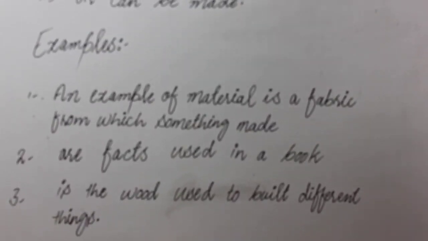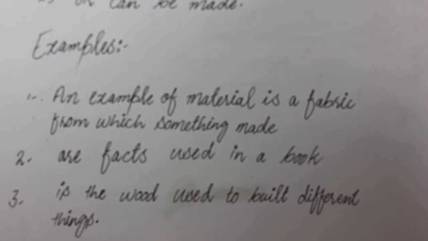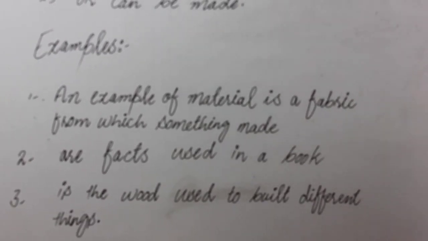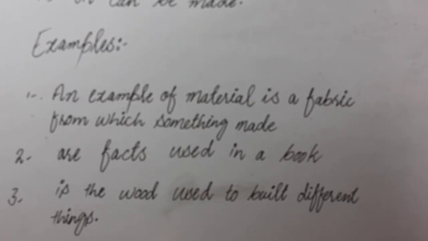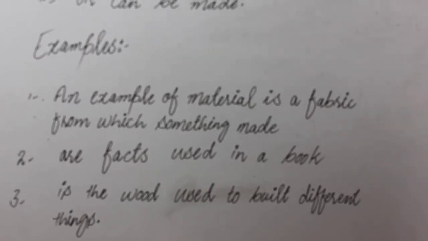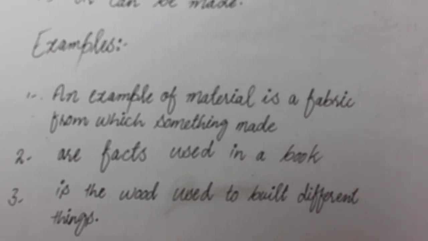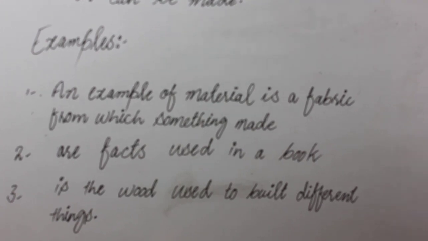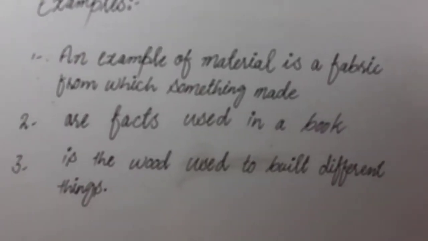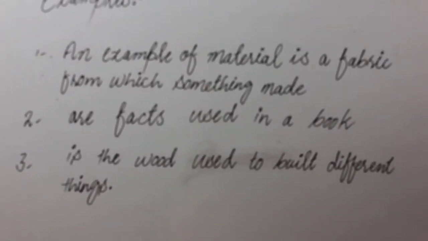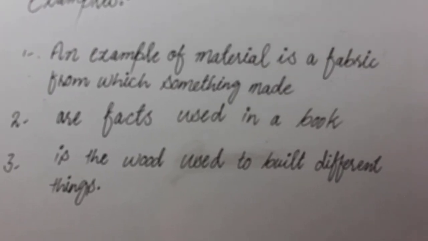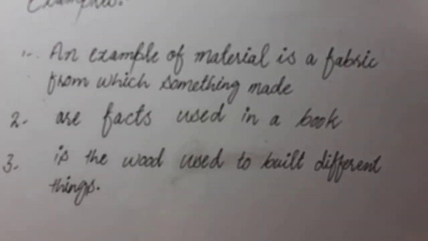Fabric means yarn, fiber, from which we make cloths, different ready-made garments, different jackets. The second example of a material is the facts used in a book.